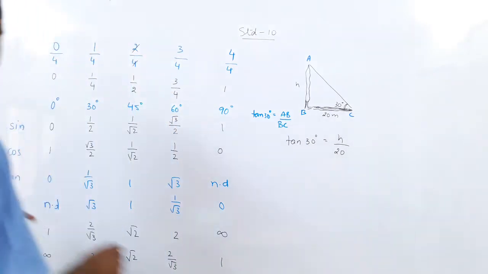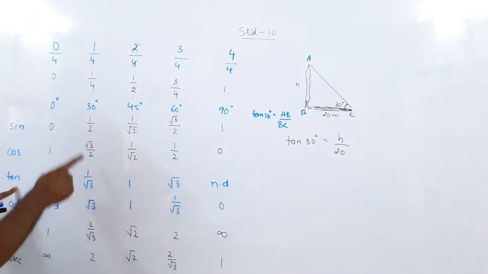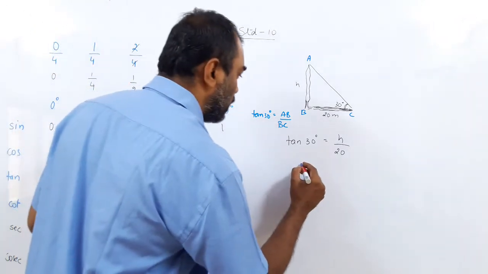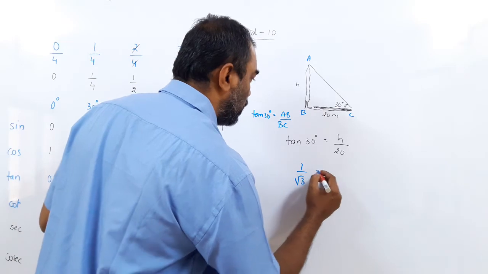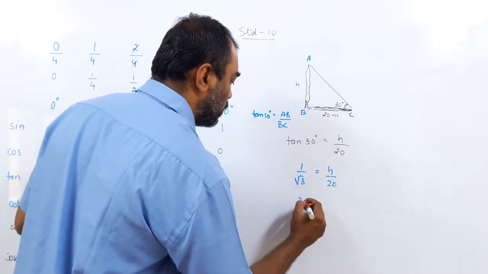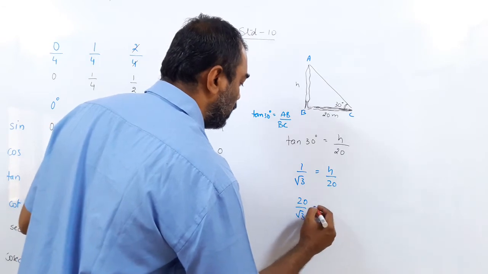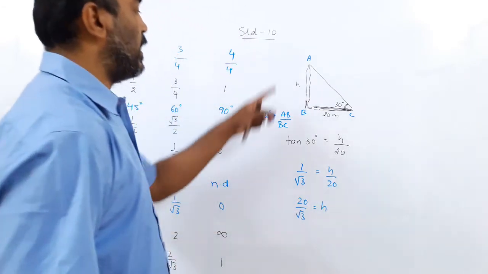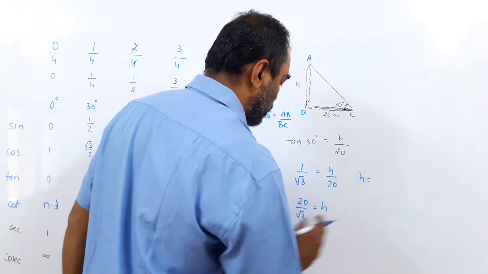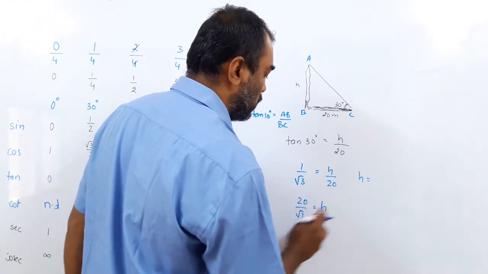Now we make use of the table. What is the value of tan 30? Tan 30 is 1 by root 3. So I get 1 upon root 3 equal to H upon 20. So 20 goes in multiplication here. So 20 upon root 3 equal to H. This is the height of the tree. But you remember, we never write irrational numbers in the denominator.